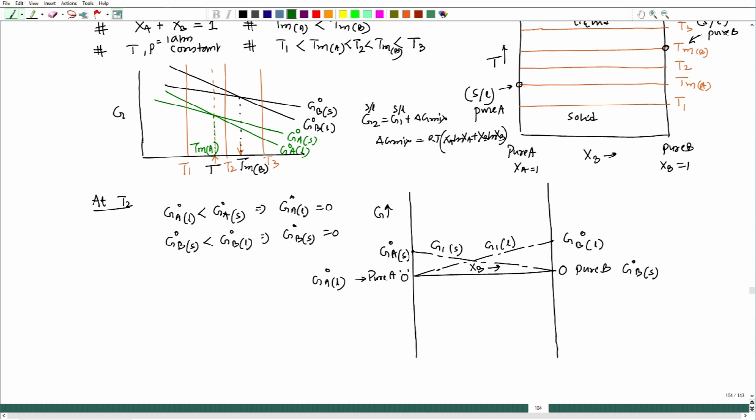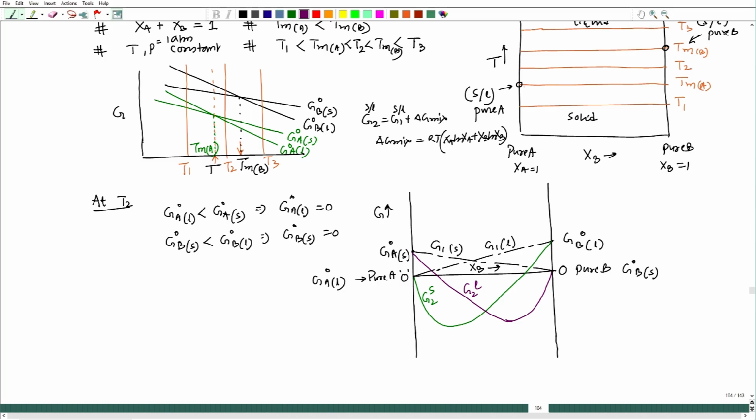So, this would be like this, and the other one was this, the liquid solution. Okay. This is G2 solid, and this is G2 liquid.